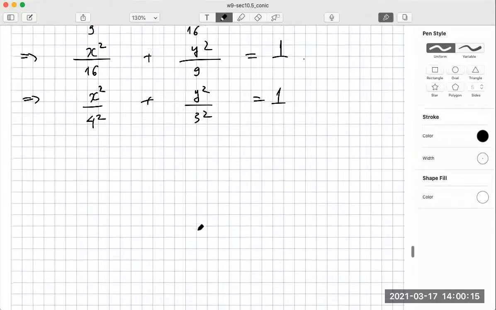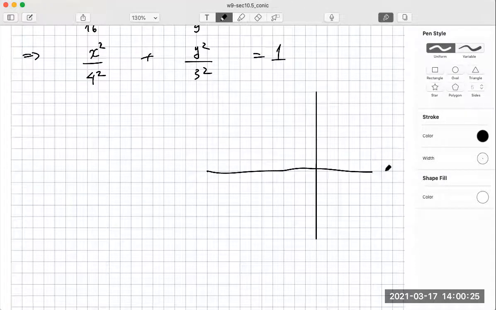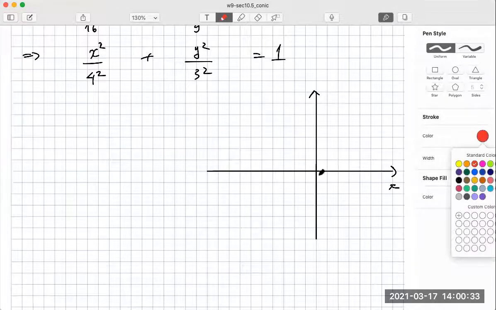How can we graph it? Now, before doing anything, before plotting, let us get an idea of how it looks. What are the x-intercepts? So at the x-intercept, y should be 0, right?